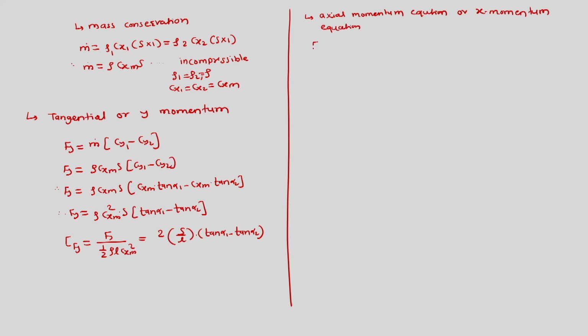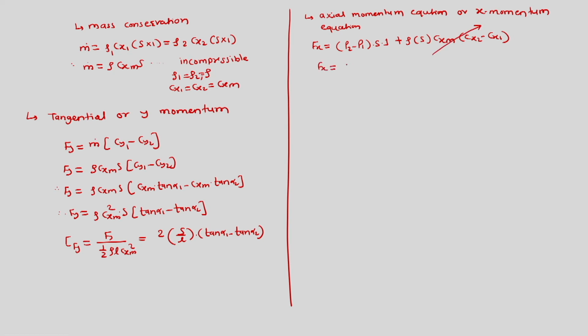There we can write down Fx is equal to P2 minus P1 into S into 1 plus rho S into Cxm into Cx2 minus Cx1. But again we would have same axial velocities.